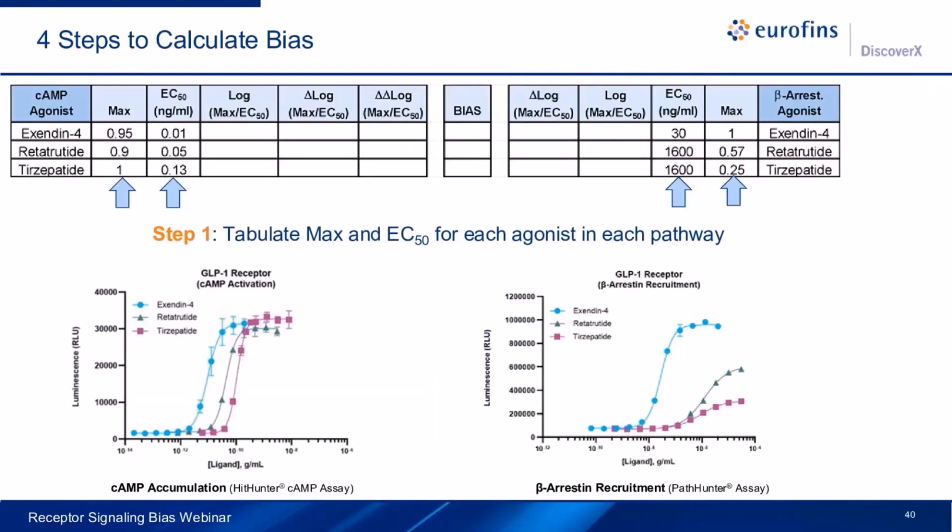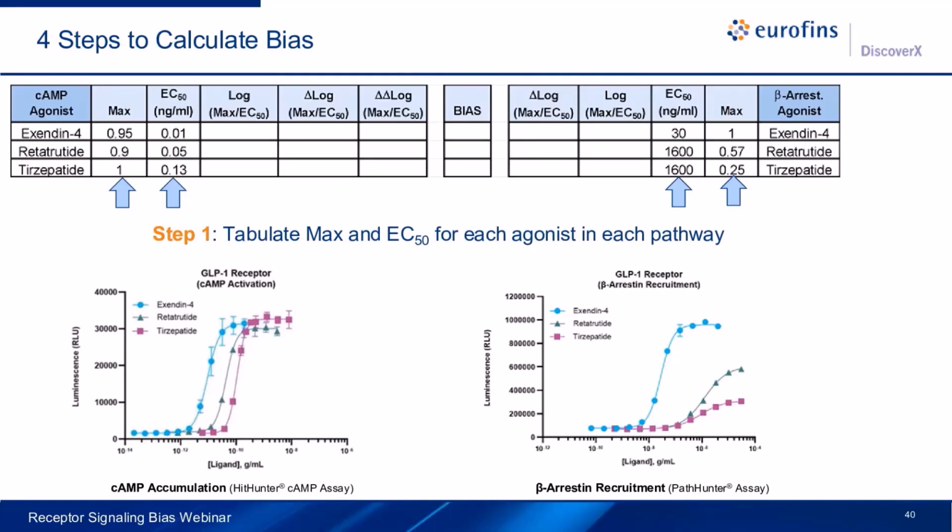So now here's an example. This is Eurofins data, and we have exendin and various agonists for GLP-1 receptor cyclic AMP and GLP-1 receptor beta-arrestin. A surrogate for log efficacy divided by affinity is log maximum divided by the EC50.